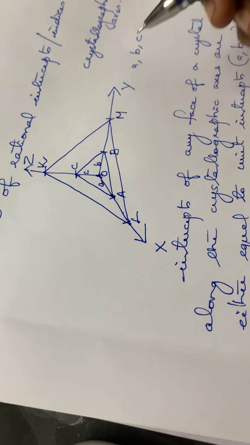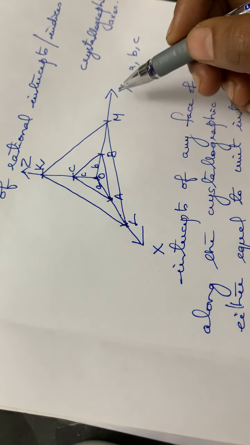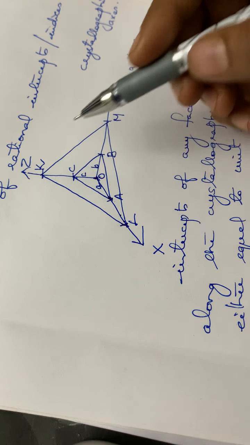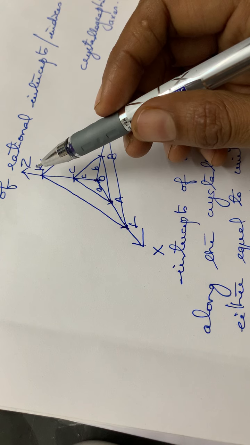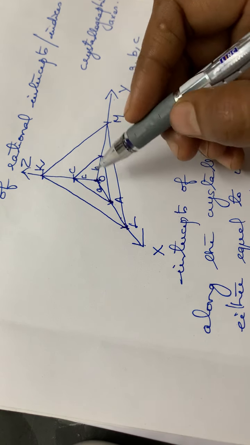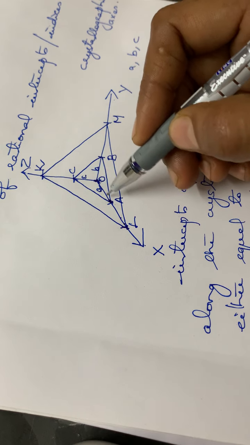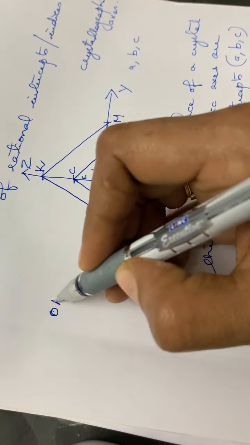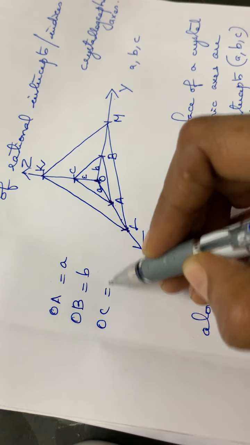So this is the diagram you have to draw if this Haüy's law is asked. So OX, OY and OZ are the three crystallographic axes, and ABC, let it be a unit plane. The intercepts will be small a, small b and small c. That means OA equal to a, OB equal to b, and OC equal to c.